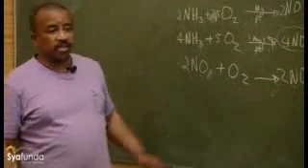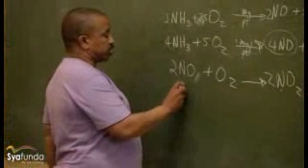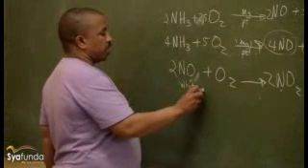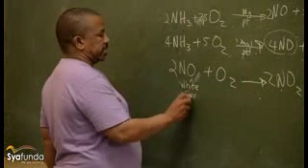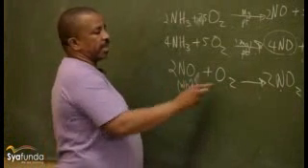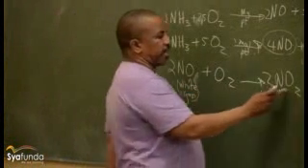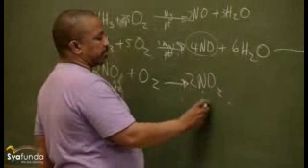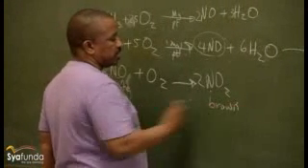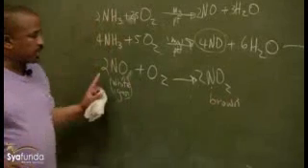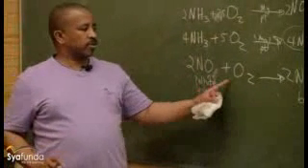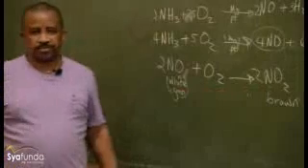NO is a white gas, and when this white gas reacts with oxygen it gives NO2. NO2 is a brown gas. So if NO reacts with oxygen, it gives us NO2.